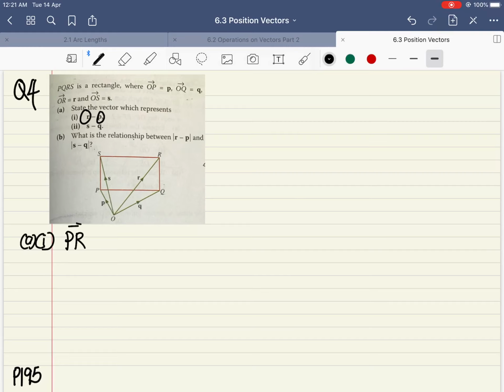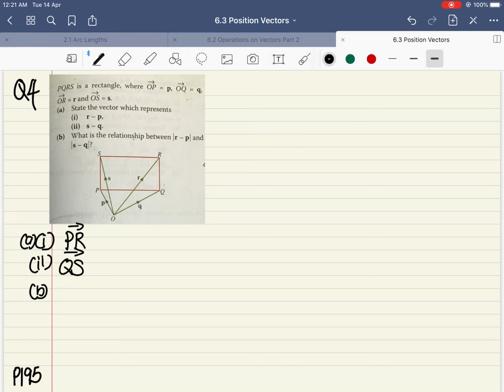So I can state the vector as PR, because if not, it will be second letter OR minus OP, which is R minus P. So we're actually working in reverse here. Similarly, S minus Q, second minus the first. So what we are looking for is actually QS. So the vector here is QS.